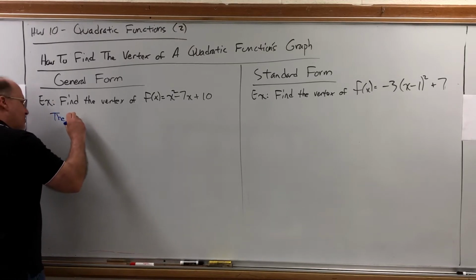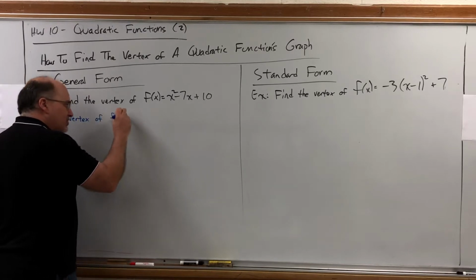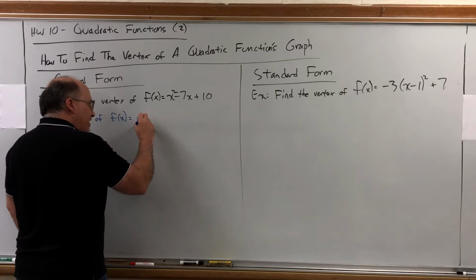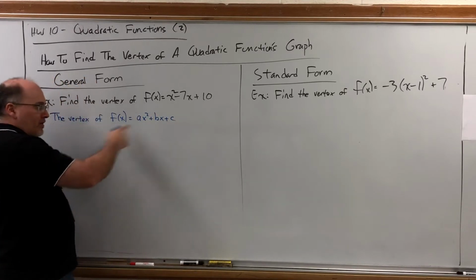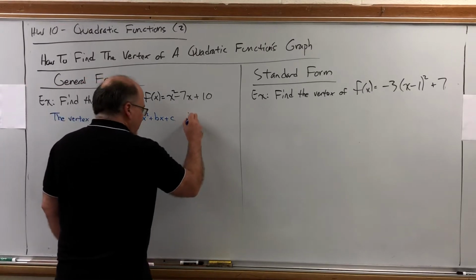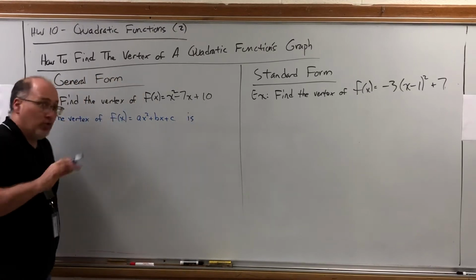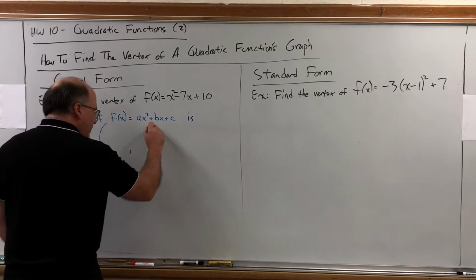The vertex of f of x equals ax squared plus bx plus c. If a quadratic function is in general form, well, first off, the vertex is an ordered pair because it's a point on a graph, so it has an x-coordinate and a y-coordinate.